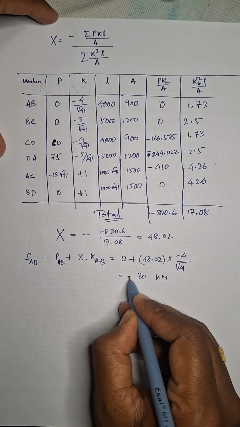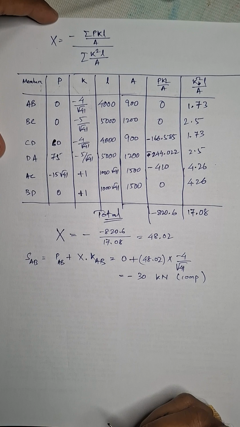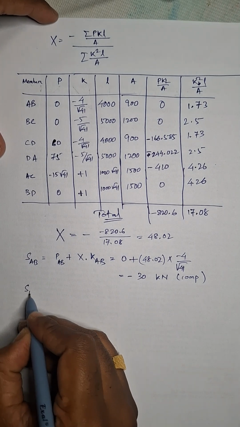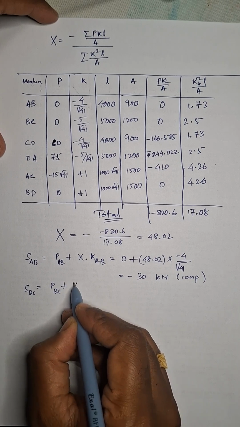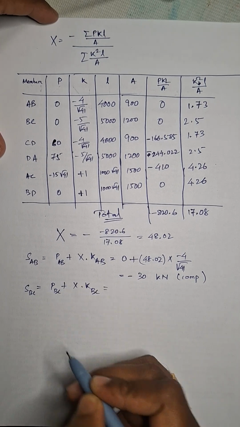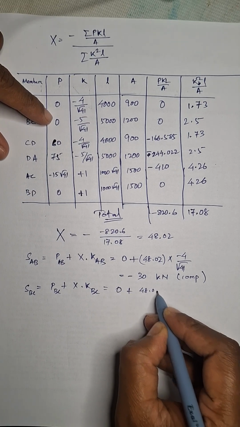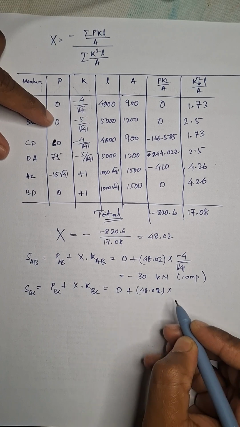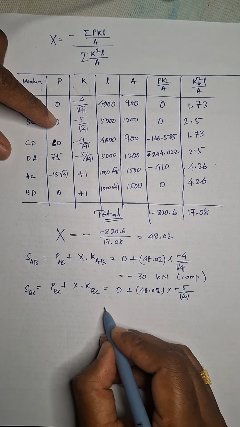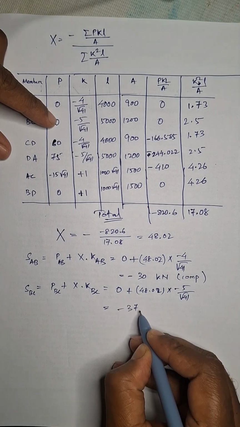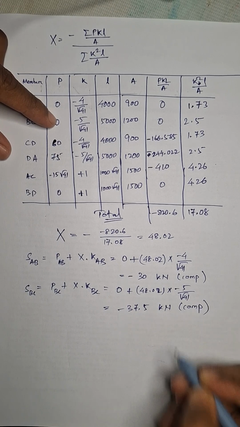So this will be compressive in nature. Similarly, we find the member force SBC, which is equal to PBC plus X into KBC. PBC is also 0, plus 48.02 into KBC, which is minus 5 by root 41. So we will get this as minus 37.5 kilonewton, which is again compressive in nature.